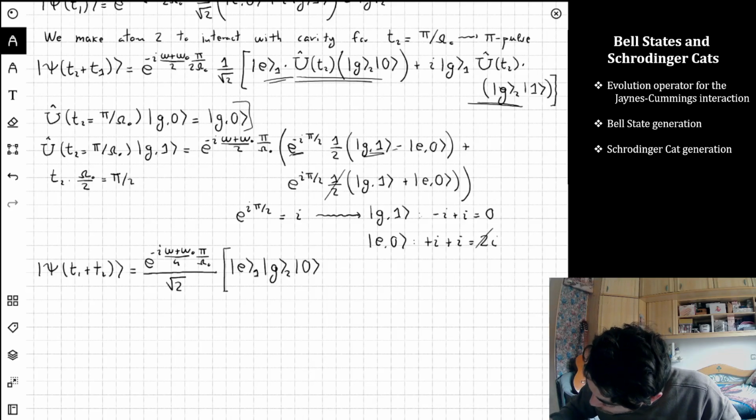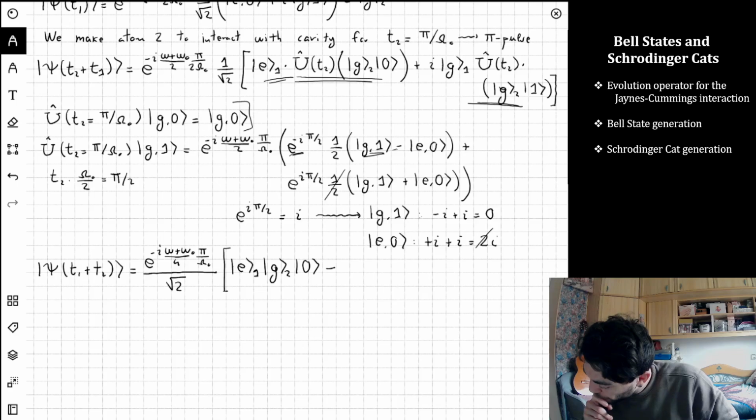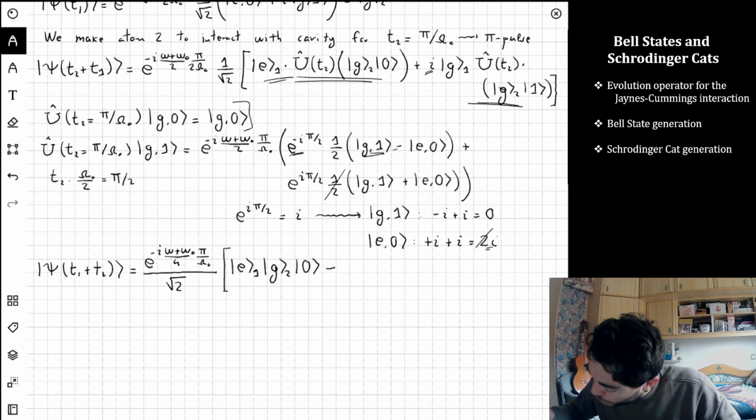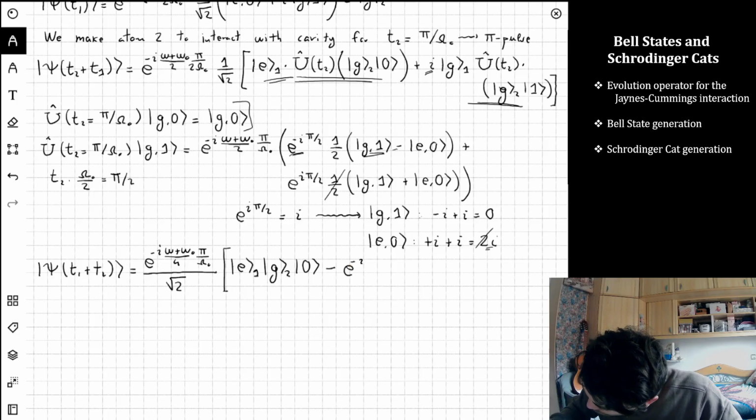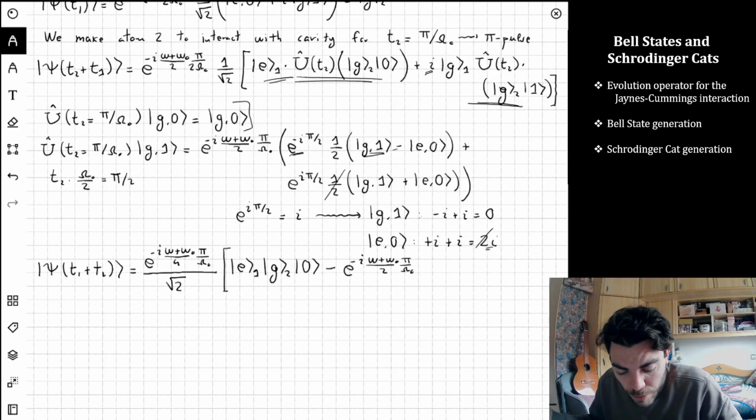But then we also have the other possibility, which is that one has minus, this minus comes from this I times this I. You can just do the math and convince yourself. And one has e to the minus I omega plus omega 0 divided by 2 pi over omega 0, which is a phase factor.